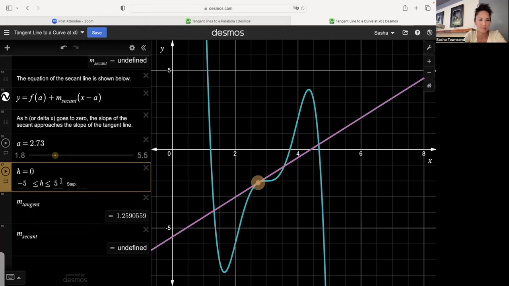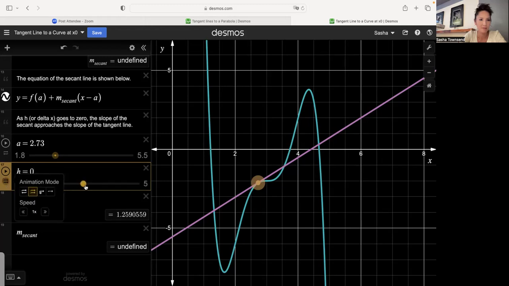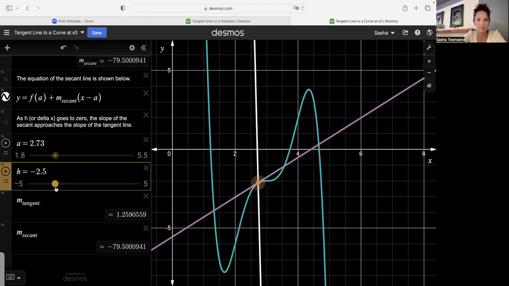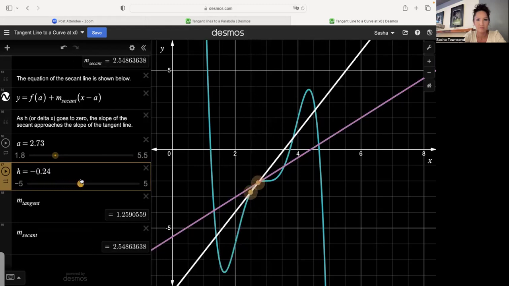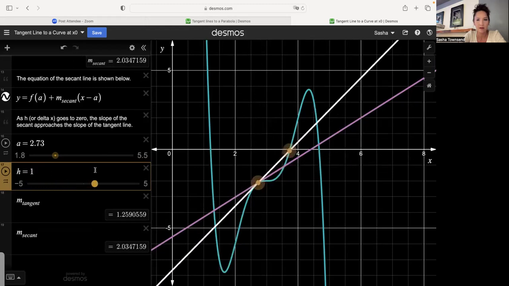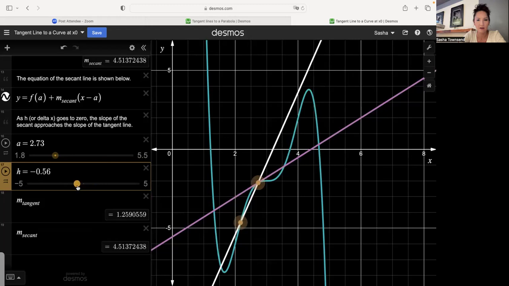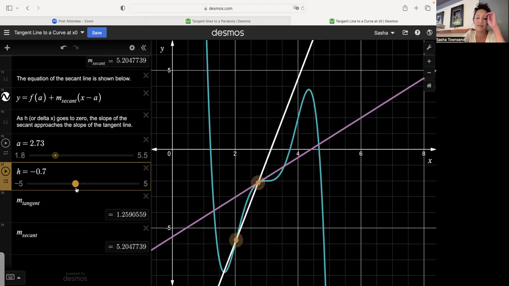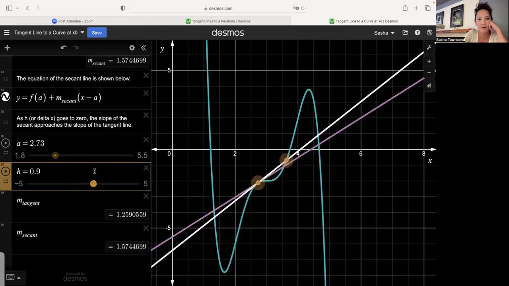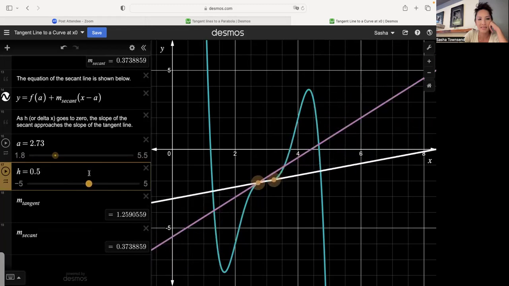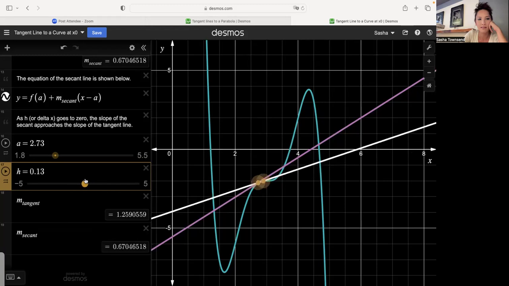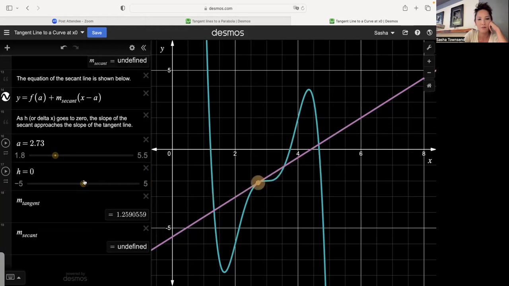So now when we let h vary, that second point x2, y2 can be either to the left of the original point or the right of the original point, but as h approaches 0, which is what we're primarily interested in, we see that the slope is approaching the slope of the tangent line.